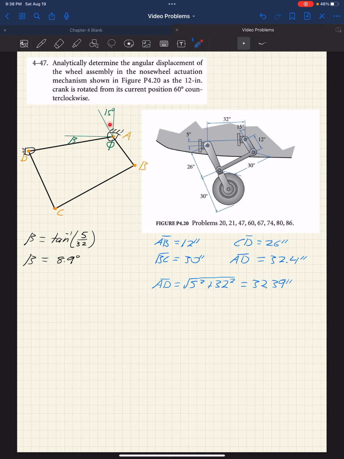And then we have our 15 degree angle. So we have 90 plus 15. We can subtract beta off that and we can find phi. So phi is equal to 90 plus 15 minus beta, which is 8.9. Which gives us phi is 96.1 degrees.